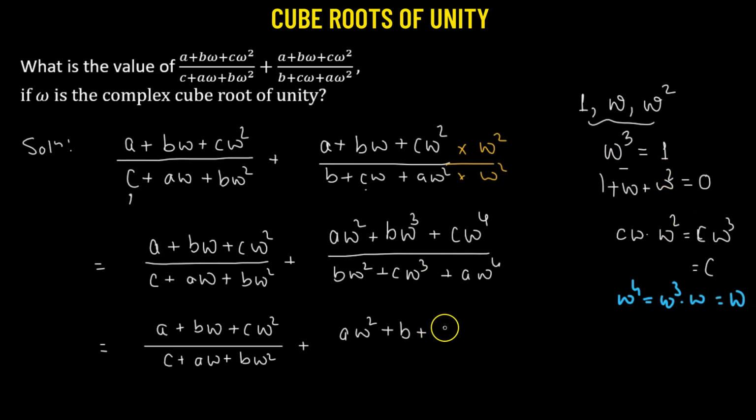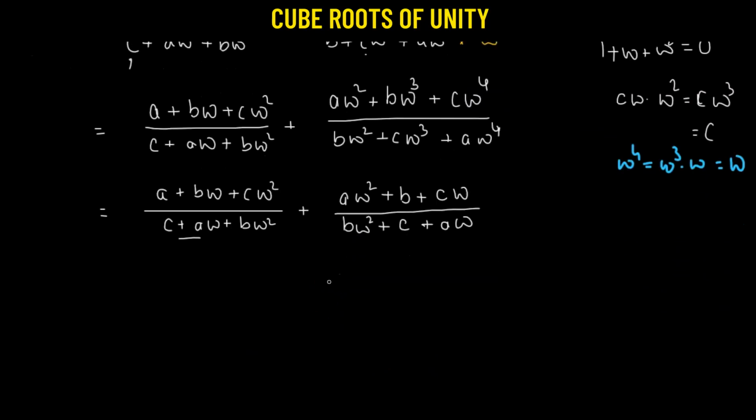So we have c times omega divided by b omega squared plus c times omega cubed, which means c, since omega cubed is 1, plus a times omega raised to the power 4, which will be simply a omega. Now you can see that the denominators of both fractions are exactly the same, so that means we can add them up.